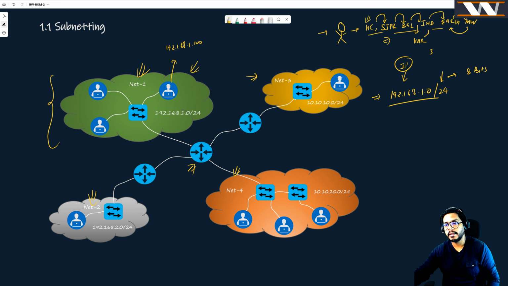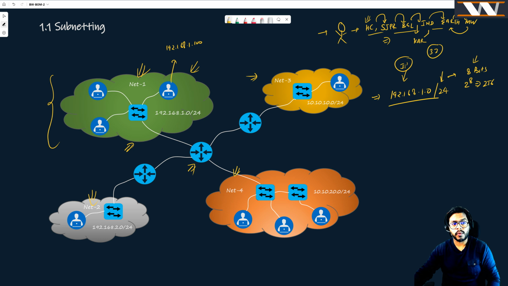A complete IP address is 32 bits, then 8 bits are remaining, and these 8 bits are for my host. And if I calculate how many combinations I can make from 8 bits, it is going to be 2 to the power 8, which is 256. And that is what I was mentioning yesterday, that we can have inside this green network a maximum of 256 hosts.